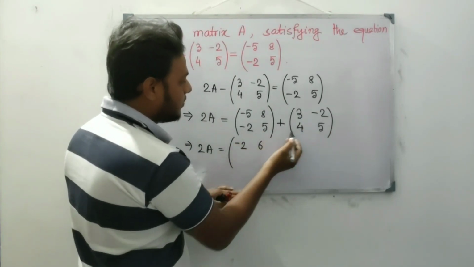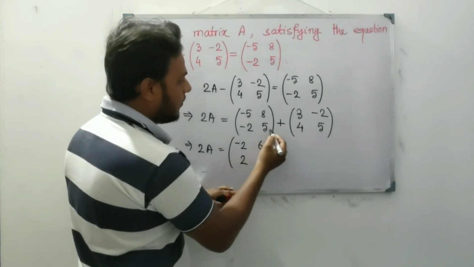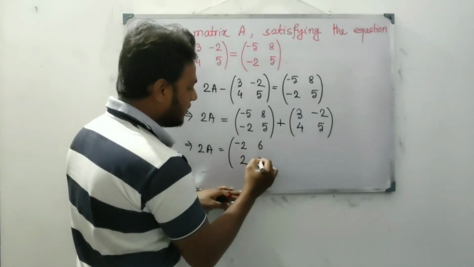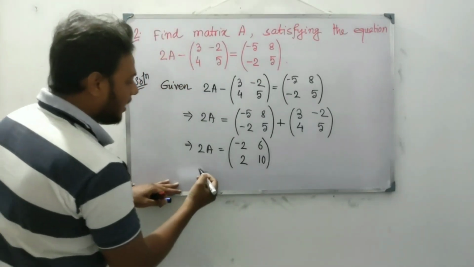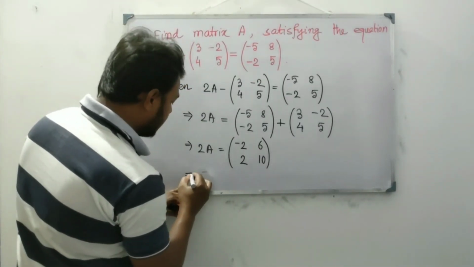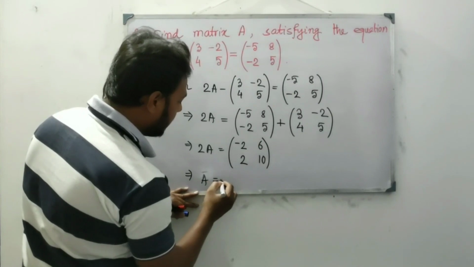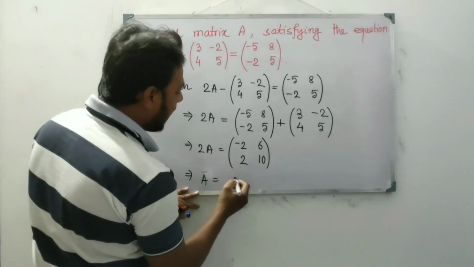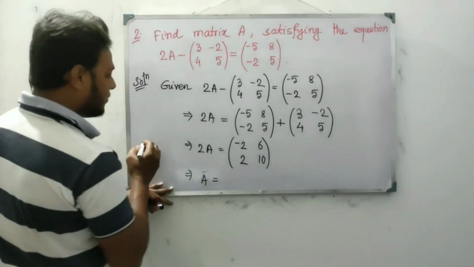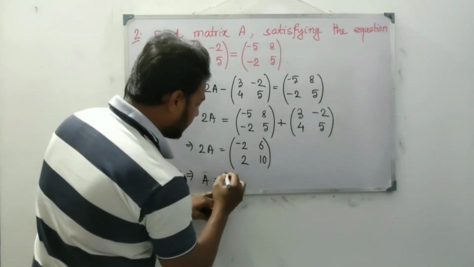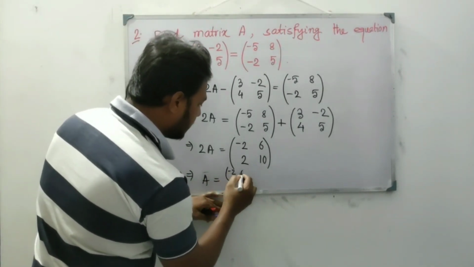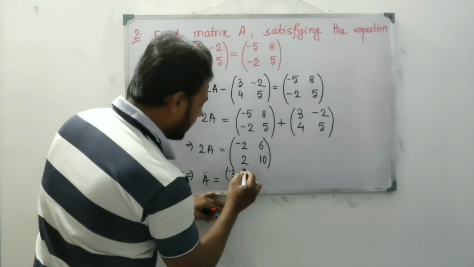Minus 2 plus 4, that means 2. And 5 plus 5 means 10. Okay, so to get A, it implies that A equals, we have to divide by 2. So we will not write it this way. Okay, A equals, minus 2, 6, 2, 10 by 2.